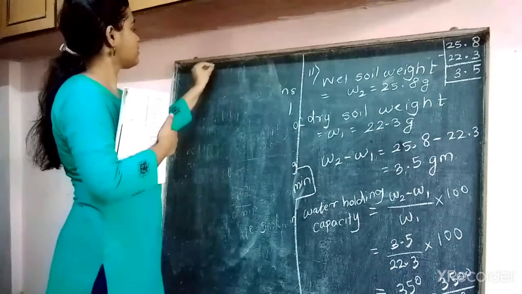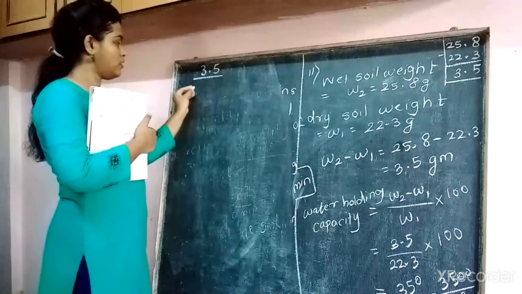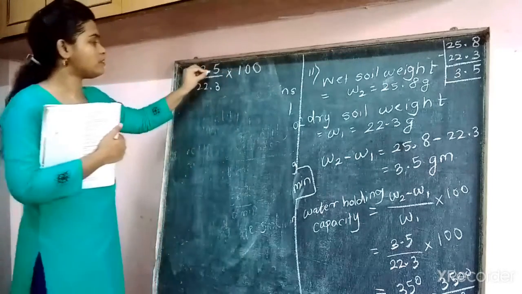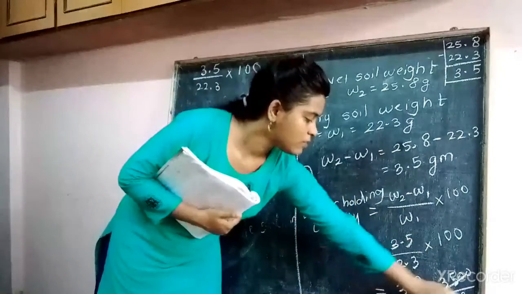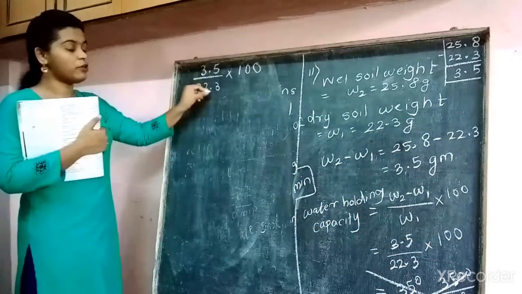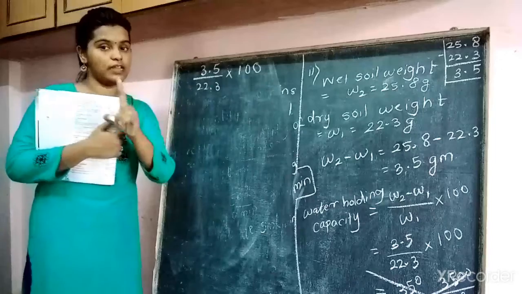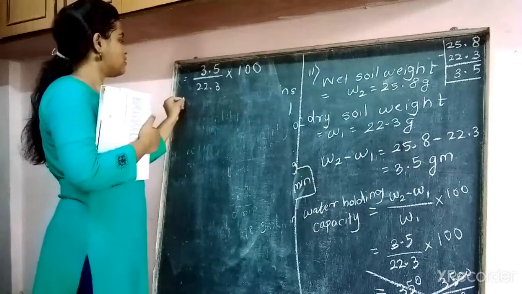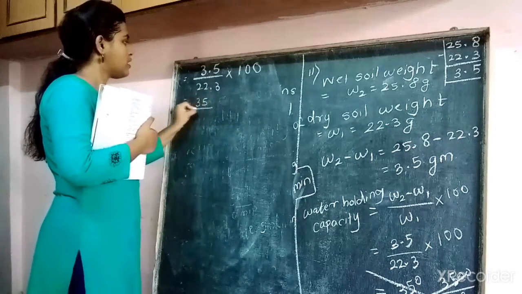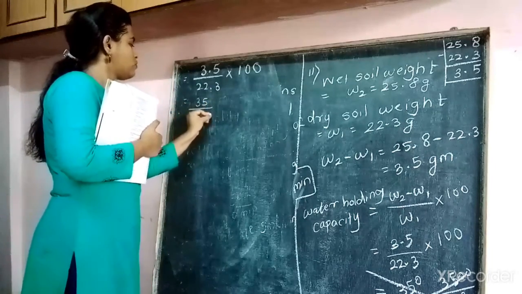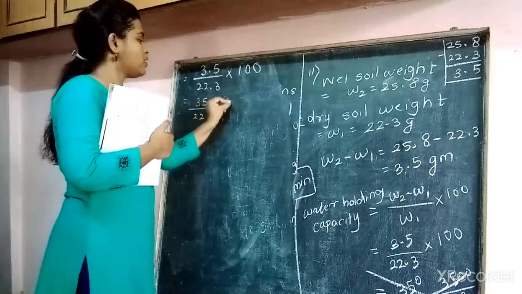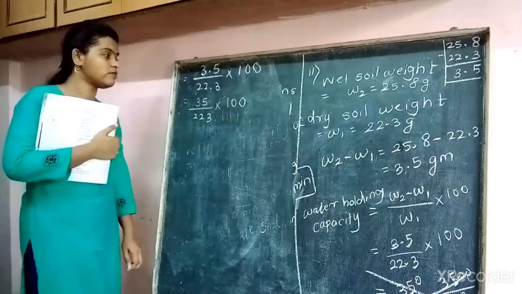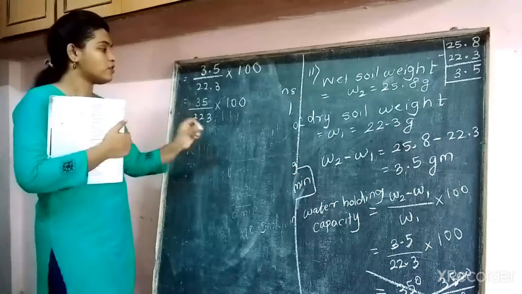So 3.5 upon 22.3 into 100. The point and point will get cancelled, because after the point there is one number in both. So it becomes 35 upon 223 into 100.